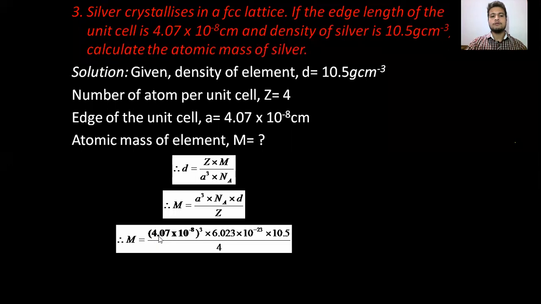M equals 4.07 into 10 to the power minus 8, whole cubed, the value of A, into NA, 6.023 into 10 to the power 23, into 10.5, and this will be divided by 4. When we do that, what you will get is 106.59 gram per mole.